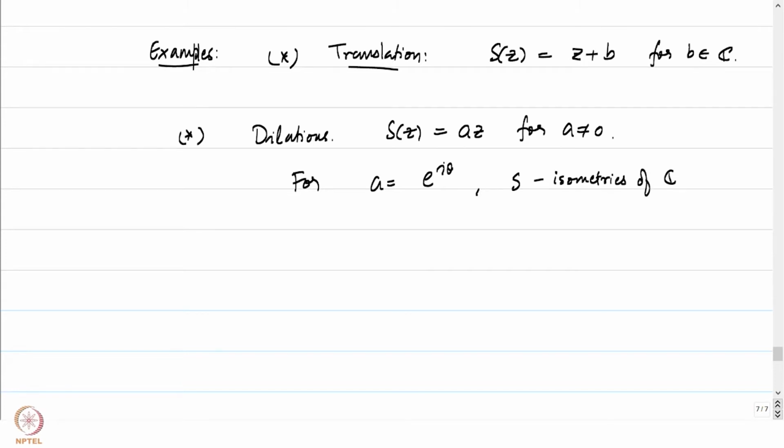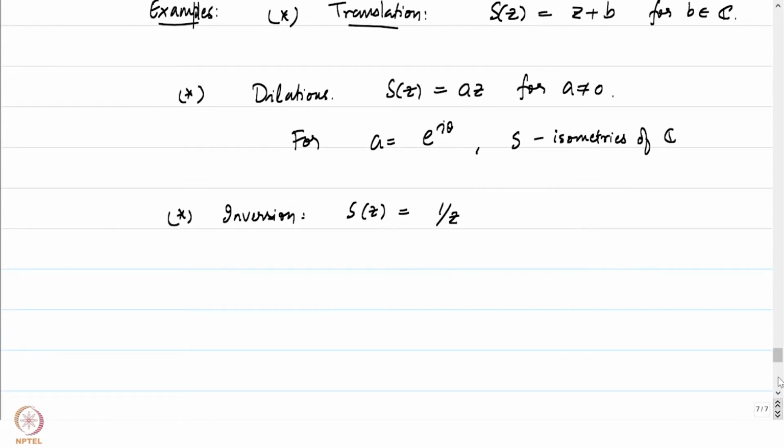So basically they will turn out to be rotations. Dilations are more general. For any a not equal to 0, we can talk about S of z equal to az. That's going to be a Mobius transformation, by the way. And the third one, which is of interest, is the inversion, S of z given by 1 by z.